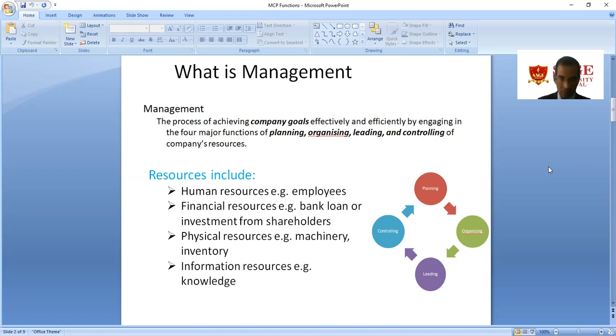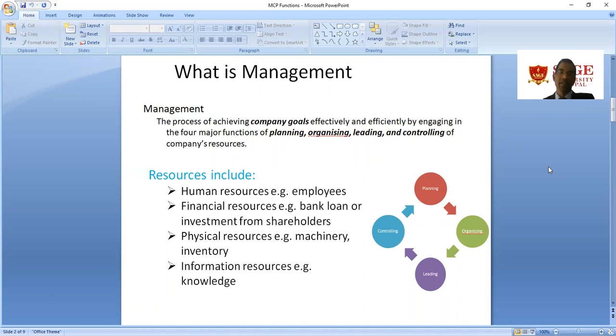We should know about the resources as well. When we say management is how to use resources effectively, we should know what the resources are. Human resources could be employees. Financial resources are bank balance, loans, investment, and shareholders.